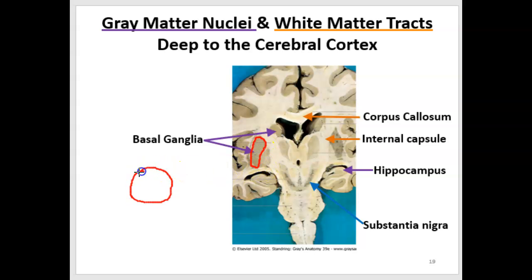Again, gray matter always looks gray or dark because the cell has a nucleus and organelles, and it just looks dark. Okay, so I've named some of these here, like the basal ganglia, the substantia nigra. These are regions of gray matter that are related to motor function. Okay, and we'll talk about them here in a second in more detail.